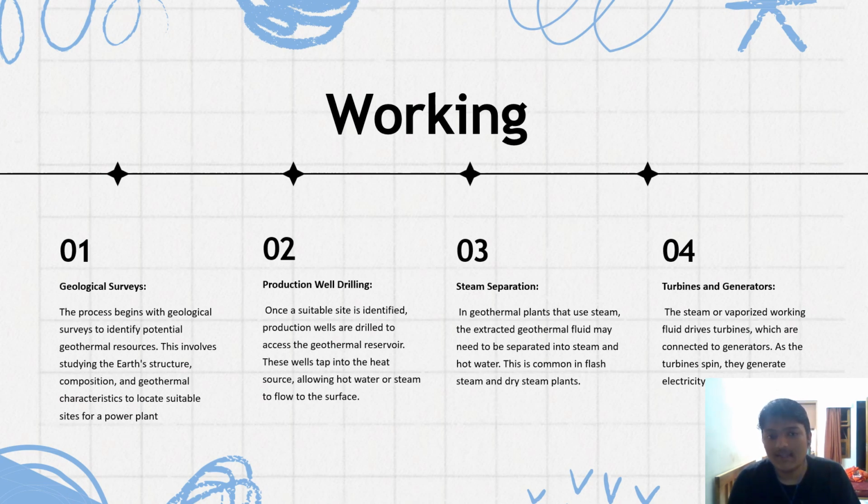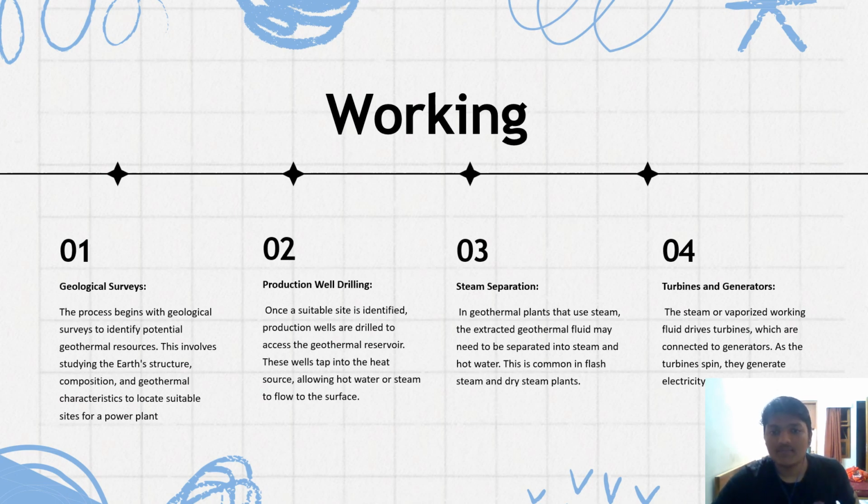Now, the second step is production well drilling. Once a suitable site is identified, production wells are drilled to access the geothermal reservoirs. A driller drills the earth's surface, producing steam through the hole, the well, and that allows the hot water or steam to flow to the surface.